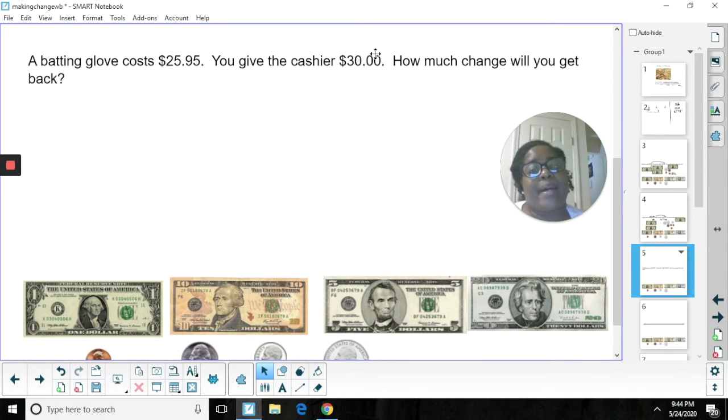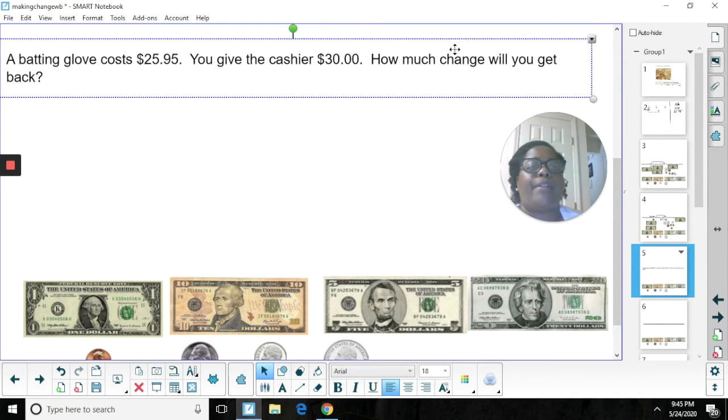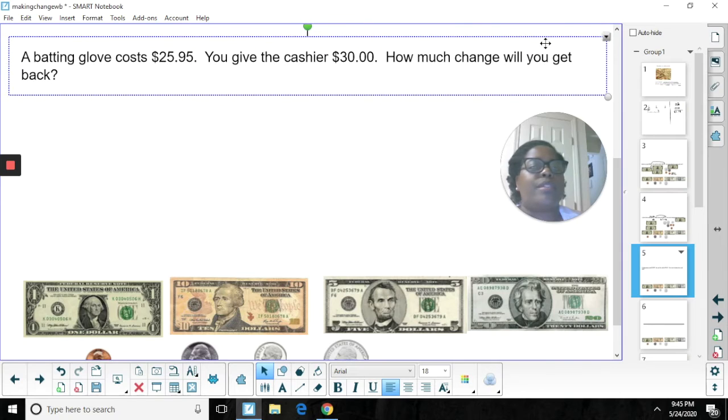For your sake and mine, so I don't want to make a mistake. And you wouldn't want to make a mistake if you were actually a cashier and you were giving back change. You want to give the person the right change. So just really take your time and count accurately, okay? All right, let's lock this so it doesn't move around on us.